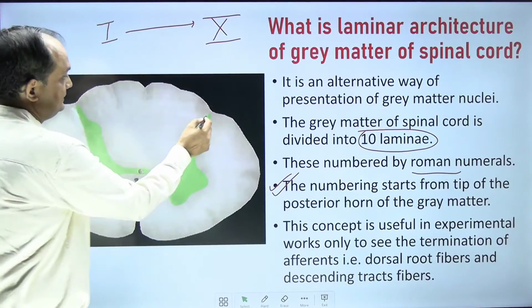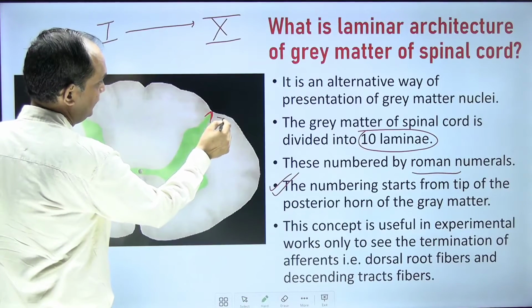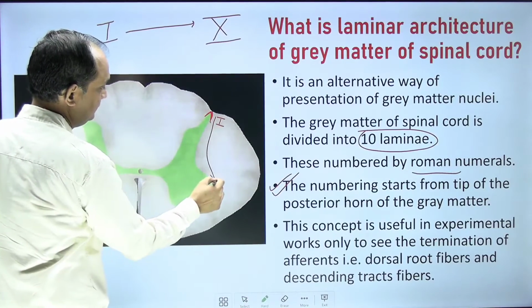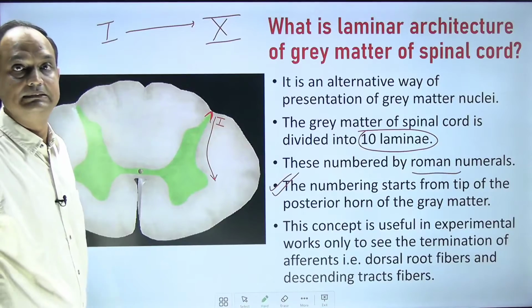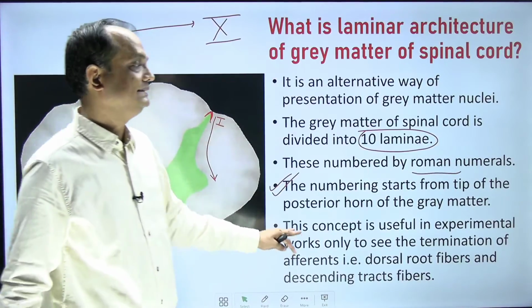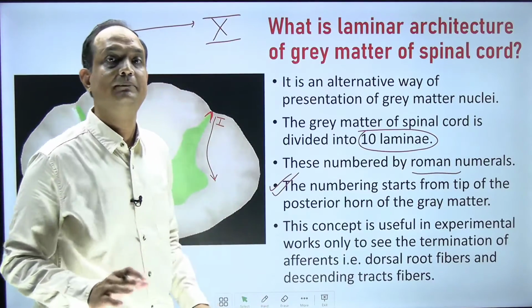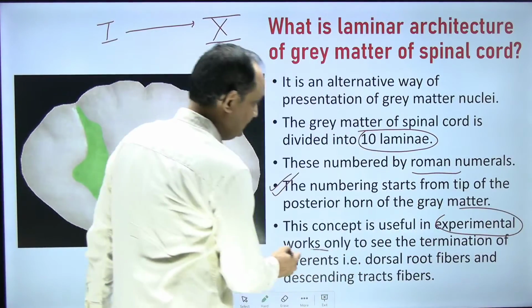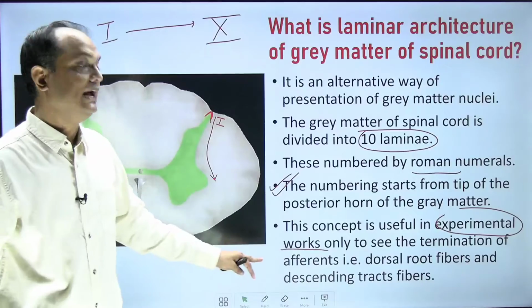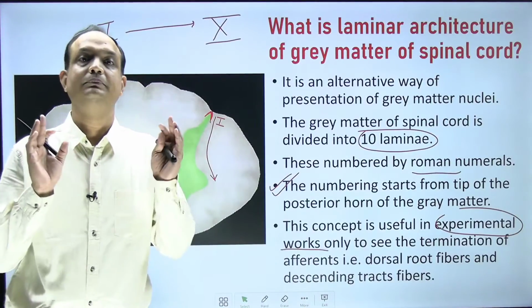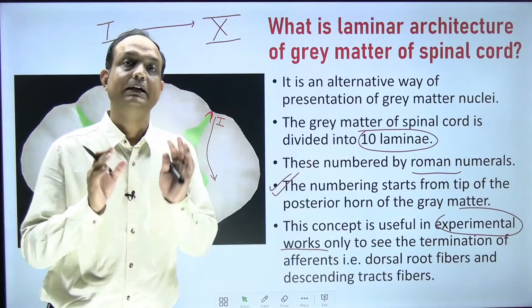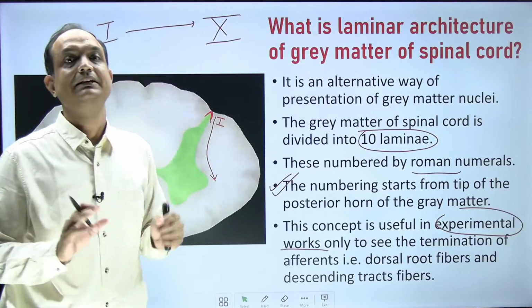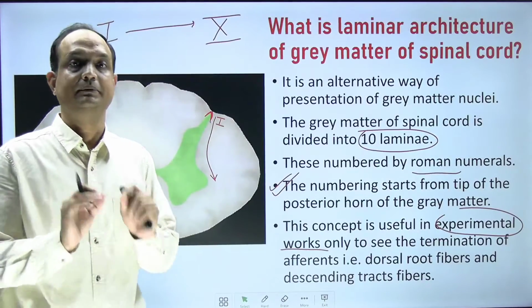That means this tip is number 1, and we go from posterior to anterior. This concept is mostly used for experimental work, to see the termination of afferents. Sometimes you get the question that the Rexed lamina basically defines the afferent termination.